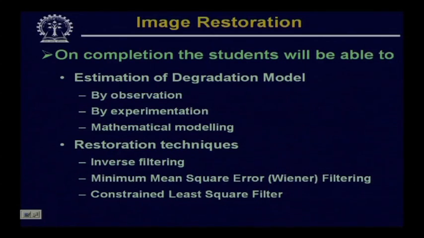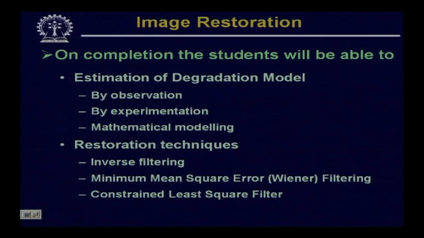One is simply by observation, that is, by looking at the degraded image, we can estimate what the degradation function is that has degraded the original image. The second approach is through experimentation, where you can estimate the degradation model by using some experimental setup.